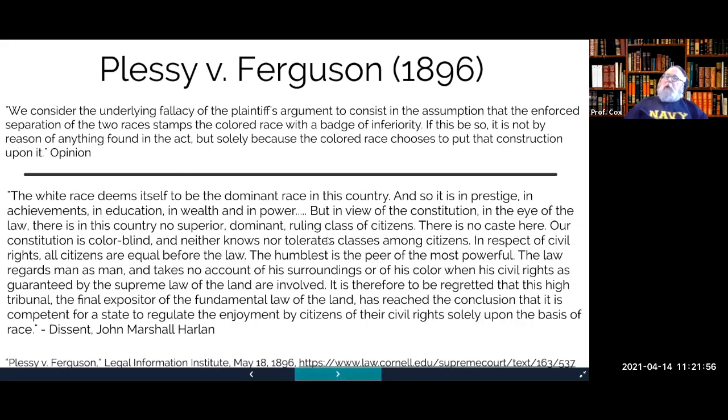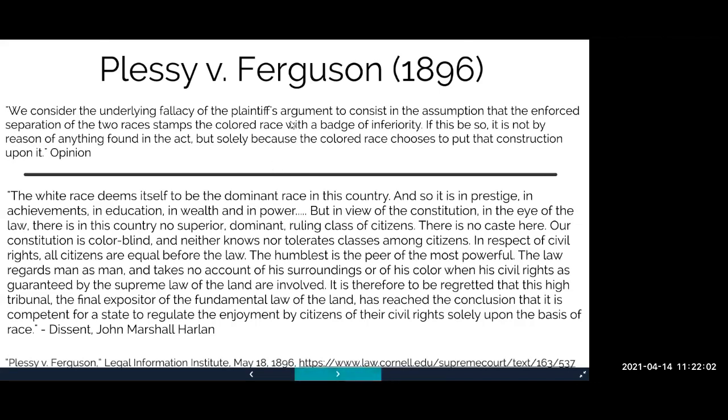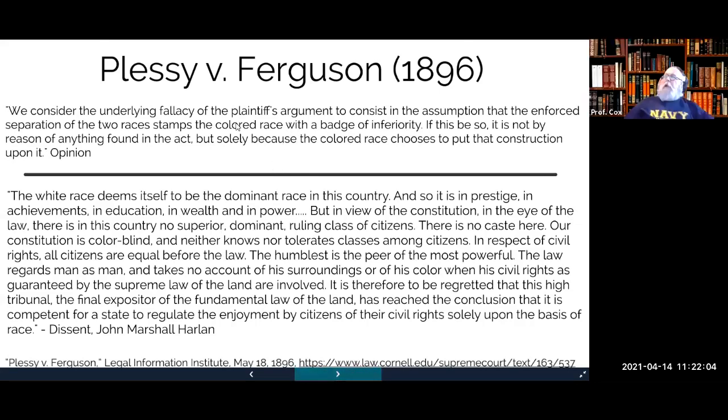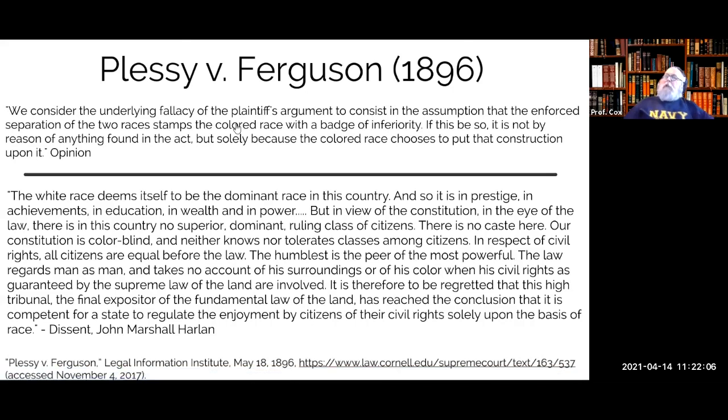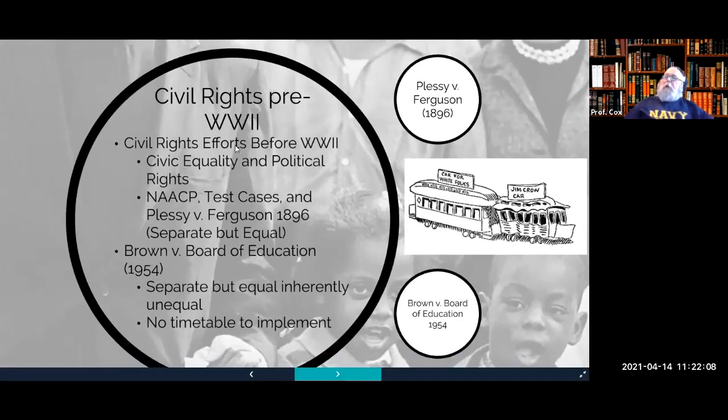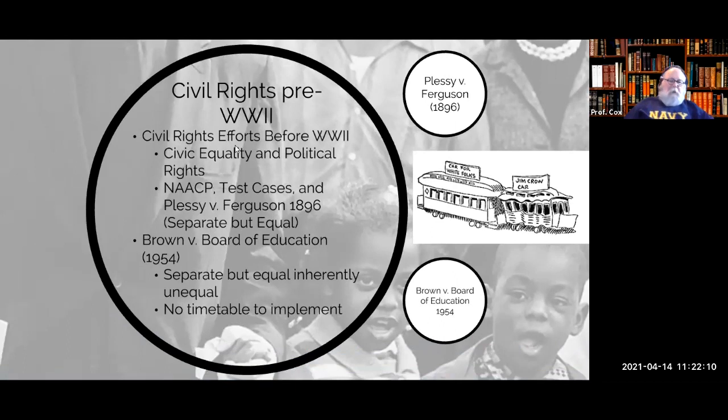And I'd like for you to go back and read the dissent at some point. I'm not going to read it to you now, but the main thing that comes out of this is that the concept of separate but equal is now cemented in law. And what that does is it makes Jim Crow laws much more difficult to overturn.